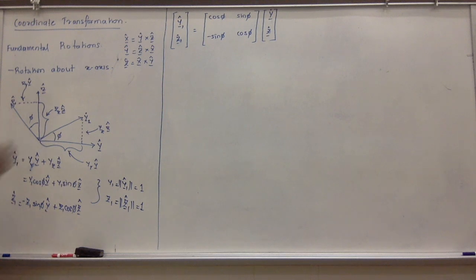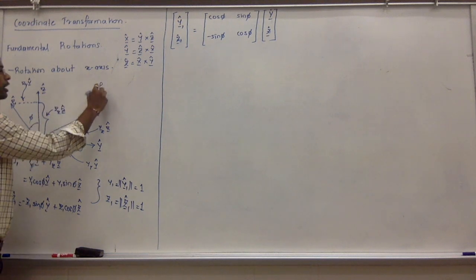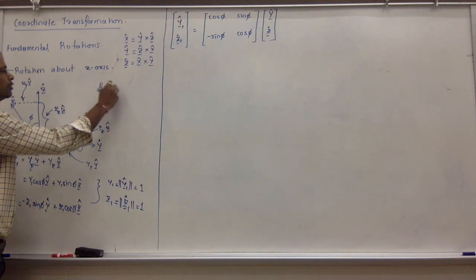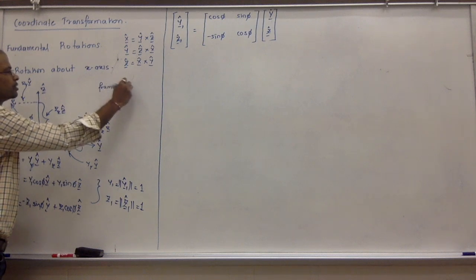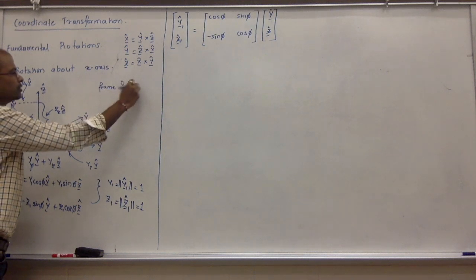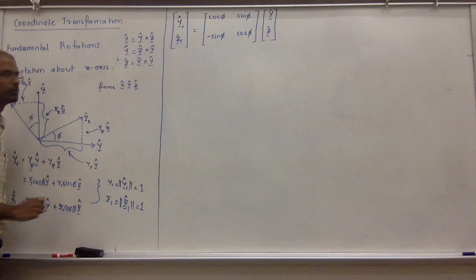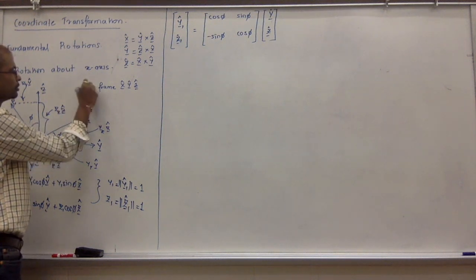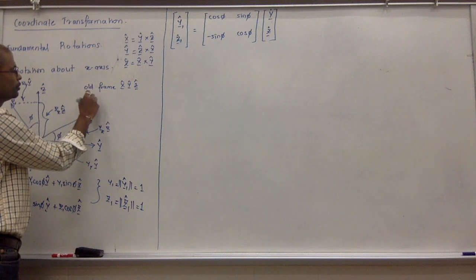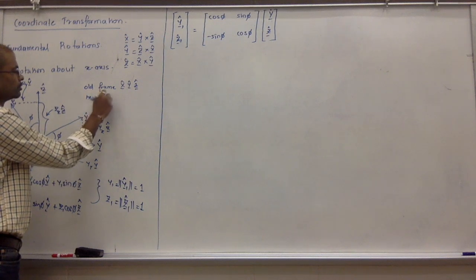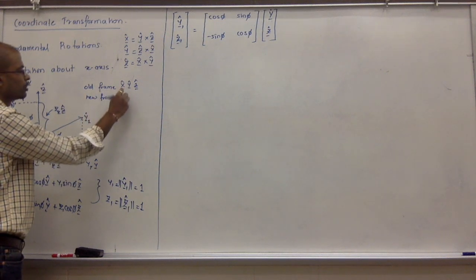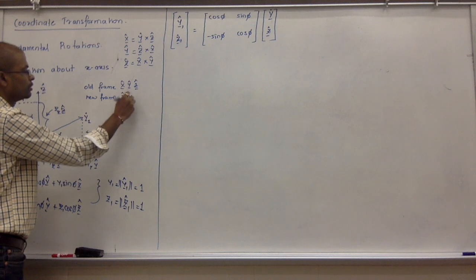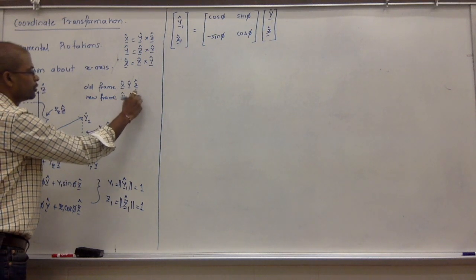The original orientation we express as frame x, y, z. You agree with this? It was x, y, z. The new orientation, let's call this old, the new is x1, y1, z1.